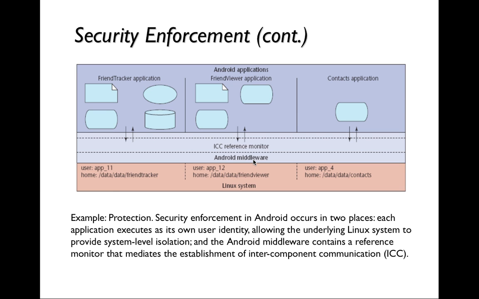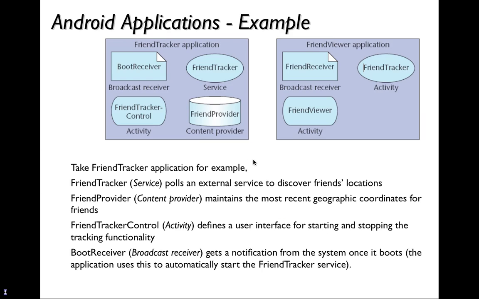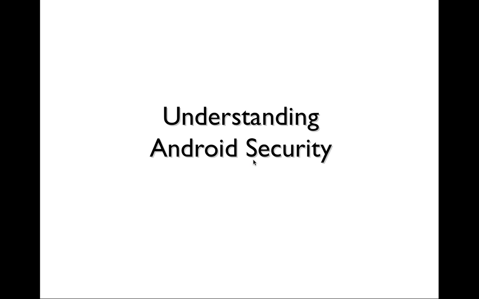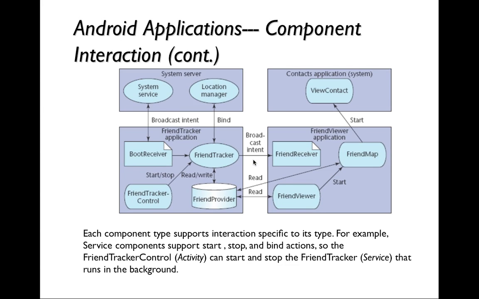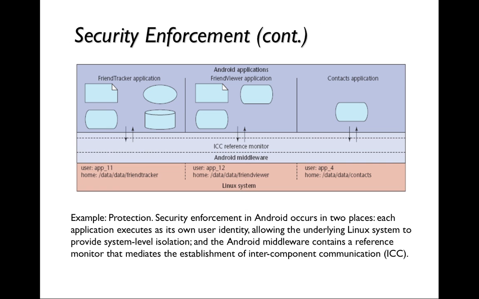This middleware, let's see if I remember where I am here. Oops, wrong slide set. Remember that big old box with all the colors on it? On the top it said application framework. The middleware is on the top, actually. It's the application framework that's holding that. And then underneath we have the Linux system, and on the Linux system we have the user process IDs.